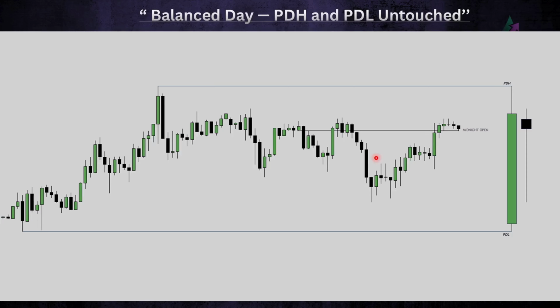No external liquidity is drawn. Now, you'll often see days like this with lower volatility, especially ahead of major high-impact news like NFP, CPI, or FOMC. And it's simply another way the algorithm can deliver a trading day.